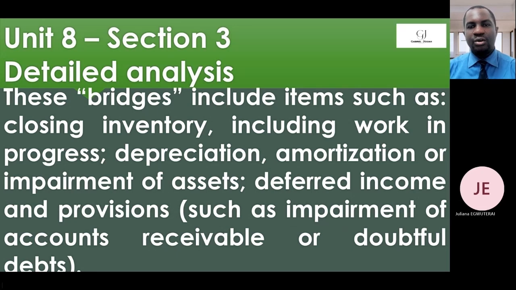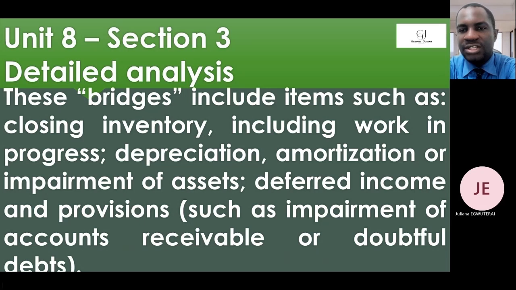These bridges include items such as closing inventory, including work in progress, depreciation, amortization, impairment of assets, deferred income and provisions, such as impairment of accounts receivables and doubtful debts. So these amounts are linked to all these three financial statements.